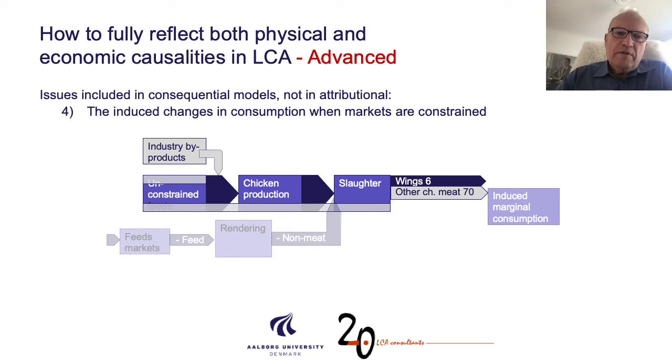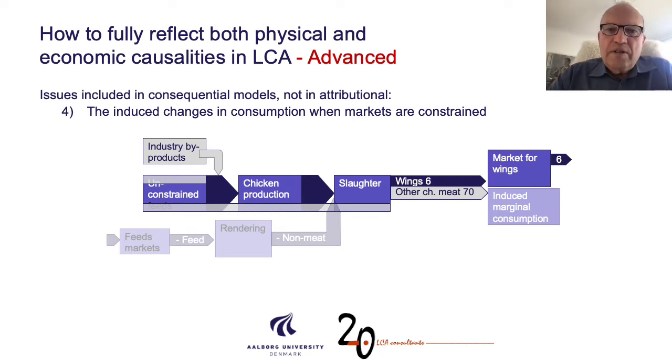If we continue with the wings alone, but of course the logic could be applied as well to the other situation, we see that the market for wings is where we have placed our demand for 6 kilograms of wings. But have we also received 6 kilograms of wings from the slaughterhouse?